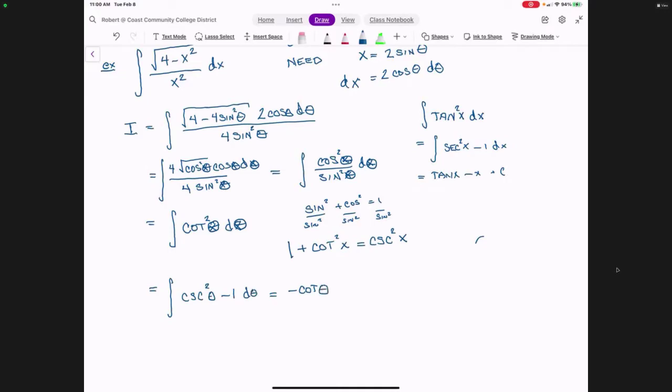Negative cotangent of theta minus theta plus a constant c.